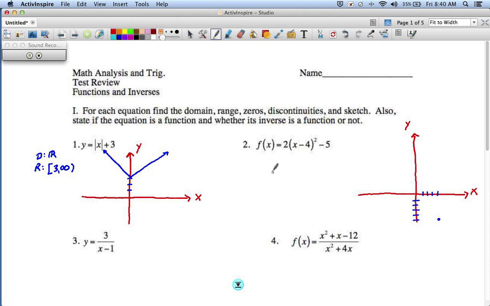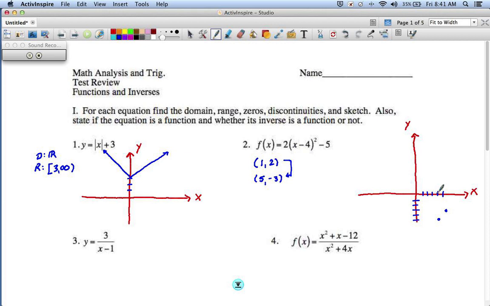So the point which was 1, 2 moved to the right 4. So that makes it a 5. And down 5, which makes it a negative 3. So after the transformation, it becomes that point, 5, negative 3.